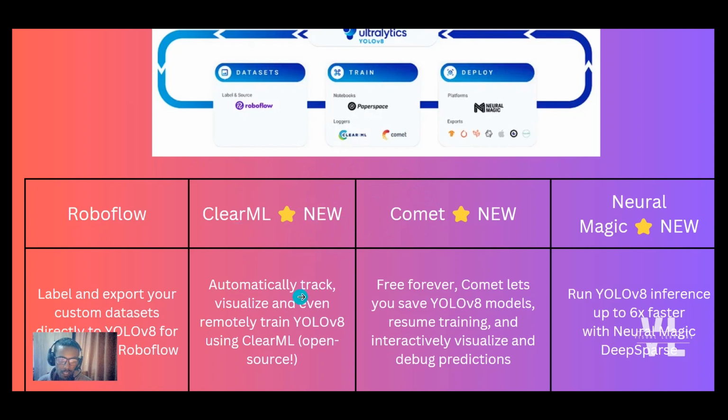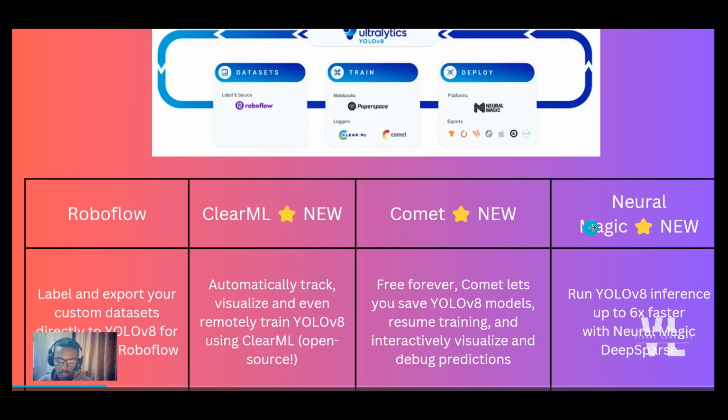ClearML is a new logger which automatically tracks, visualizes, and even remotely trains YOLO V8 using the open source ClearML. And Comet is a free, forever platform, and it lets you save YOLO V8 models, resume training, and interactively visualize and debug predictions.